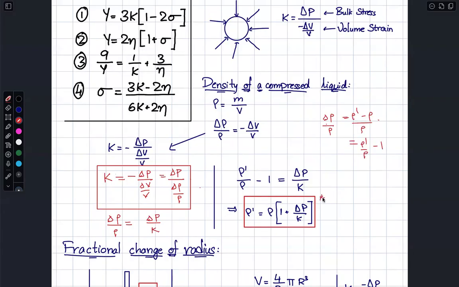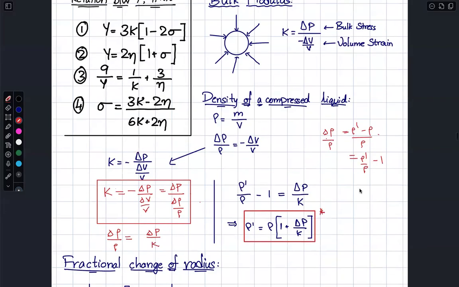This is a very, very famous relation. You will have problems where you will simply directly substitute into this. Any doubt till this point, boys and girls? Any doubts?